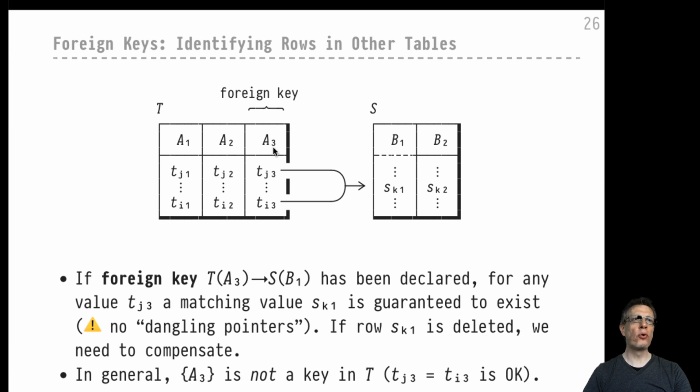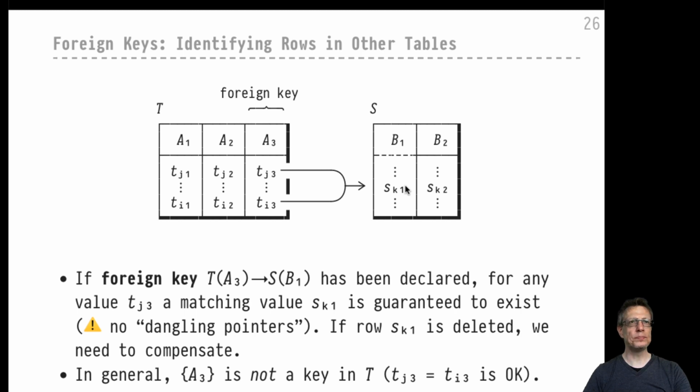A3 is a foreign key pointing to table S. A3 is not a key in table T, so the values in this column don't have to be unique. We can share SK1 here, for example, and point to the same row on the other side.